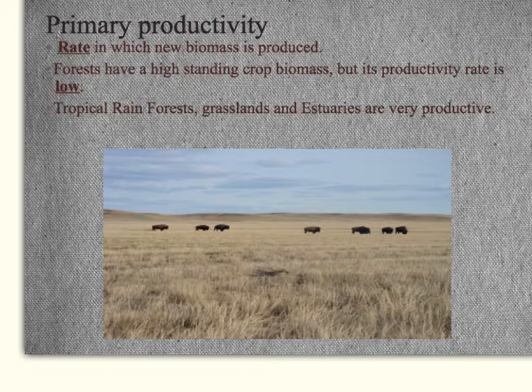Forests have a high standing crop biomass, meaning there's a lot of biomass there, but their productivity rate is low, so they're not producing additional biomass. Versus a tropical rainforest, grasslands, and estuaries, which are very productive. They're constantly making new materials because they have the environment which allows them to do that.